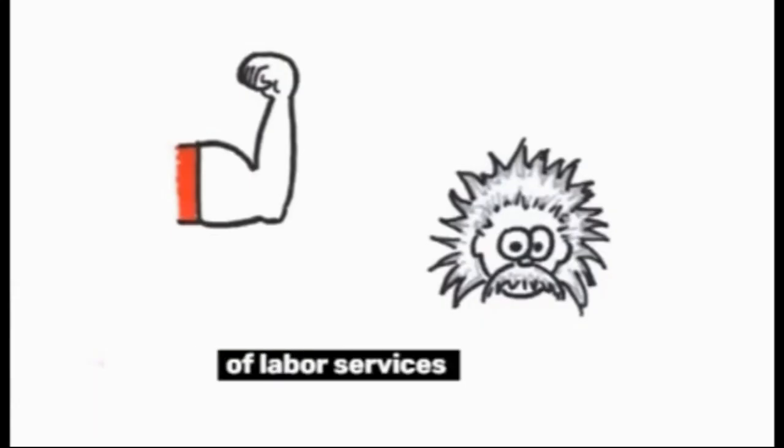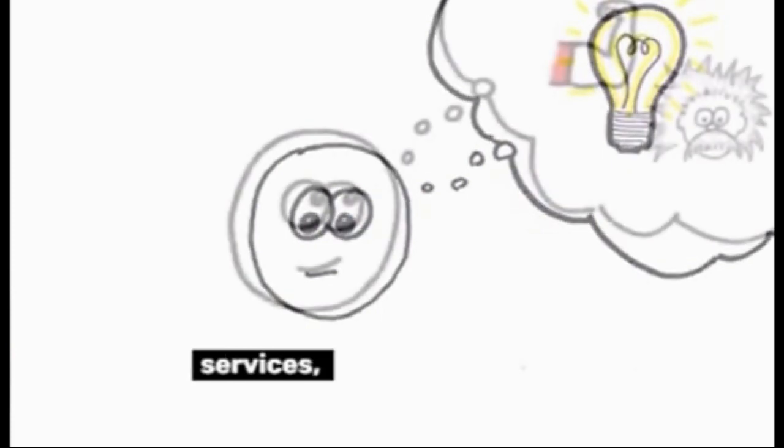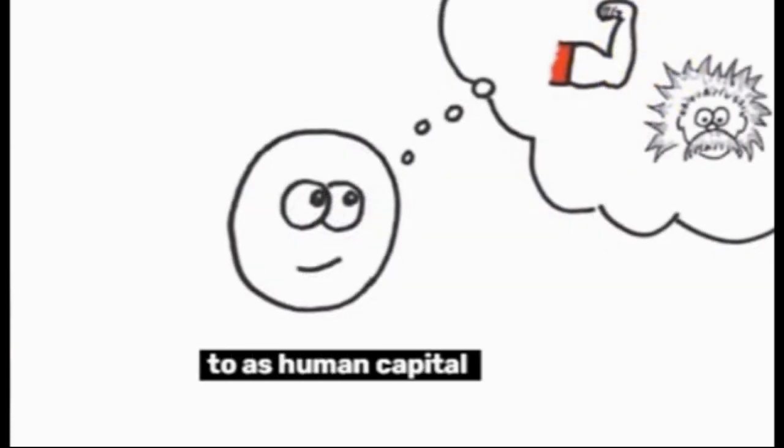You're adding to the package of labor services that you have to offer right now by learning. Some labor comes naturally, an athletic gift perhaps that allows you to play professional ball to earn a living, but you can certainly add to your package of labor services, sometimes referred to as human capital, through job training, experience, conferences, workshops, or education. The category of capital.